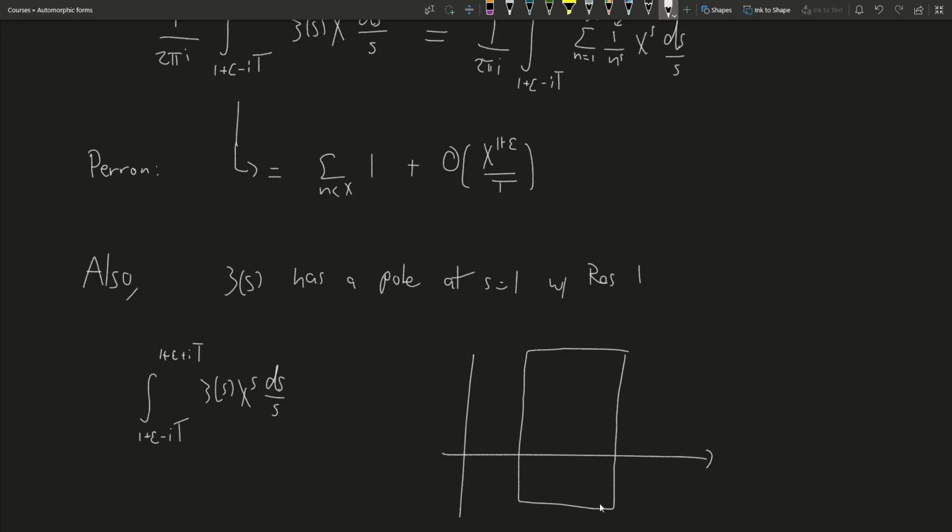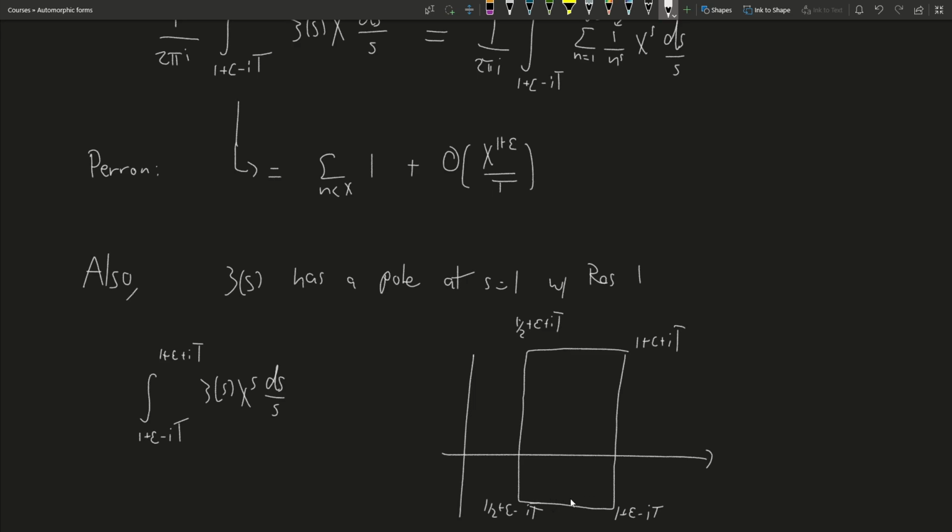Maybe slightly poorly drawn, but here we're going to take this bottom corner to be 1 plus epsilon minus it, 1 plus epsilon plus it, and then for the other side of the rectangle, I'm going to take it to be 1 half plus epsilon plus it, and this will be 1 half plus epsilon minus it.